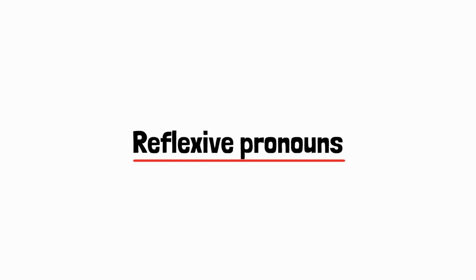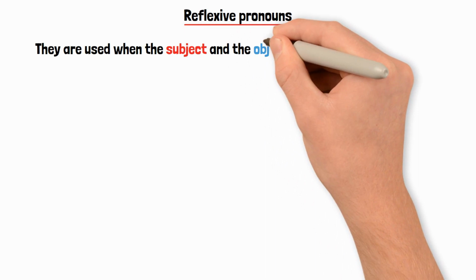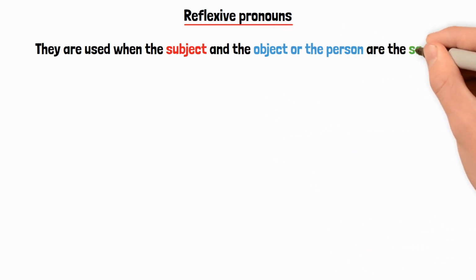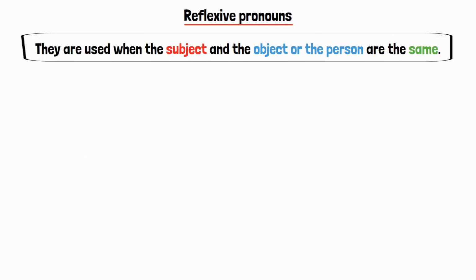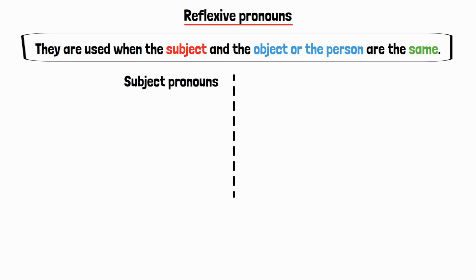At last, we have the reflexive pronouns. They are used when the subject and the object or the person are the same. Take a look. On the left we have subject pronouns, and on the right we have reflexive pronouns.